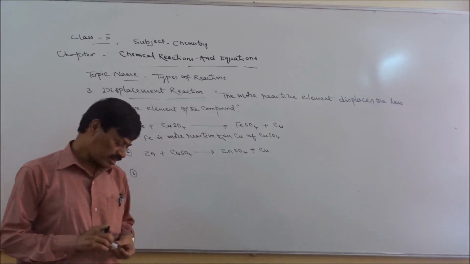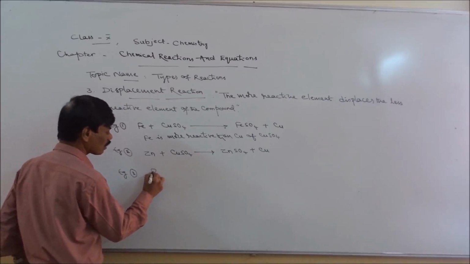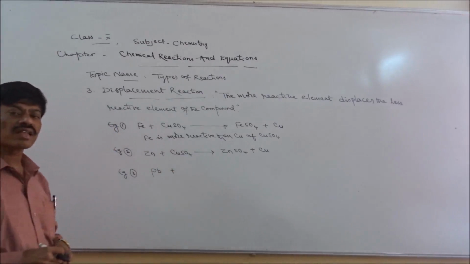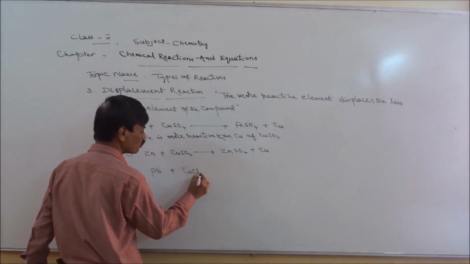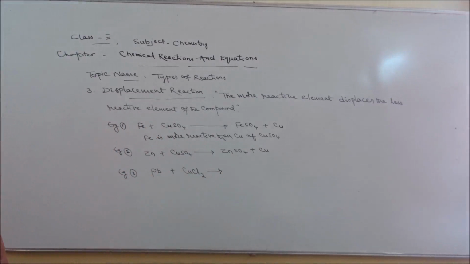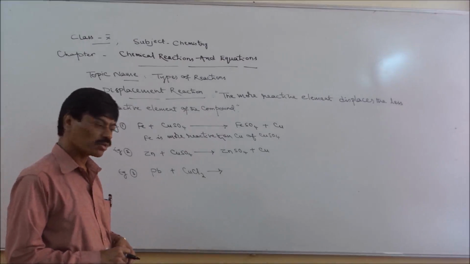Example 3. Here we can take the element Pb, lead, and the compound we can take CuCl2, right? Copper chloride or cupric chloride or copper 2 chloride.